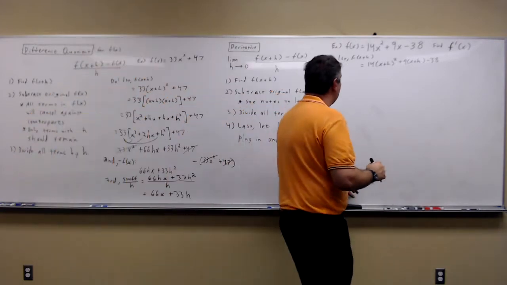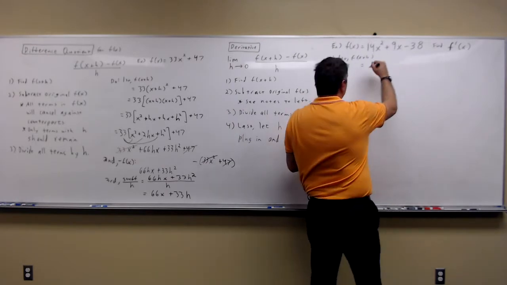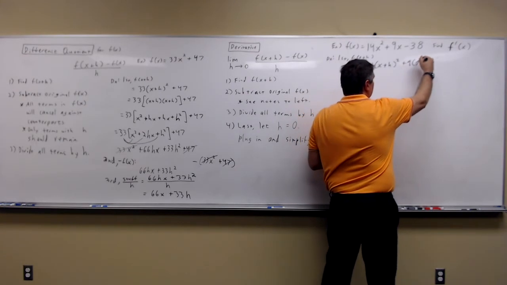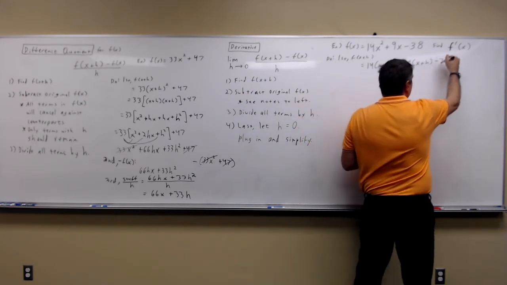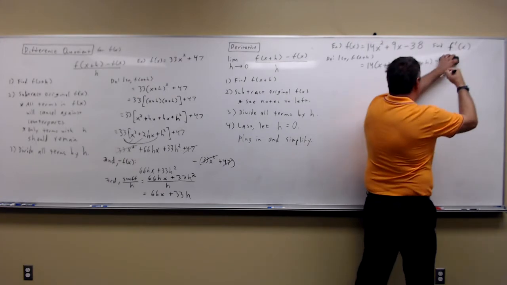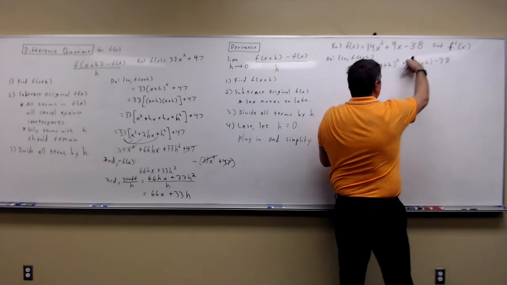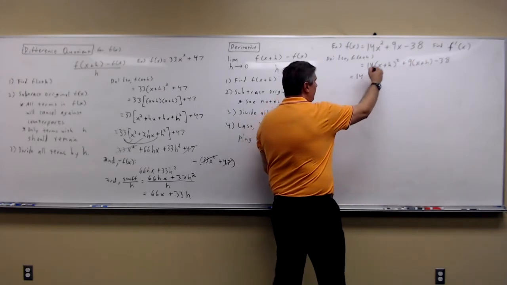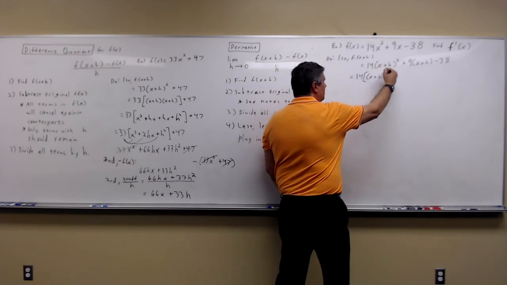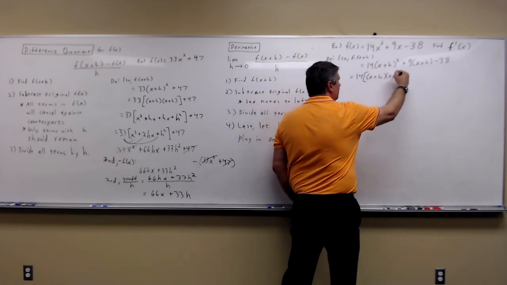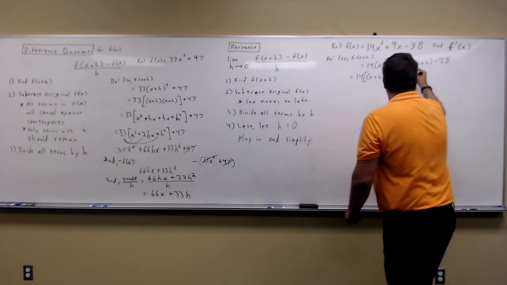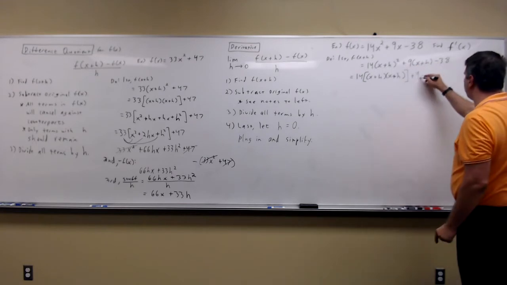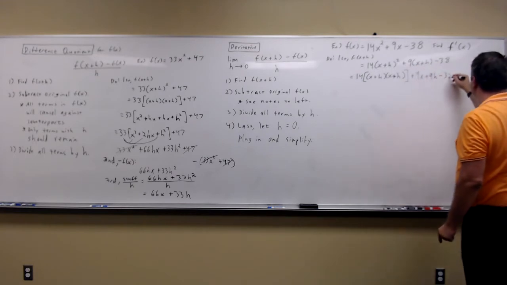We go ahead and write that a little larger, but not too large because it's got to fit. Try to make that 9 larger. So this is going to be 14 times x plus h times x plus h plus 9x plus 9h, that's the distributive property situation, and you'll be subtracting your 38.